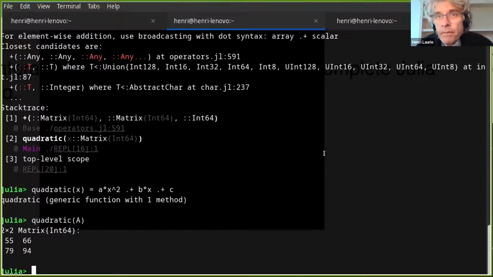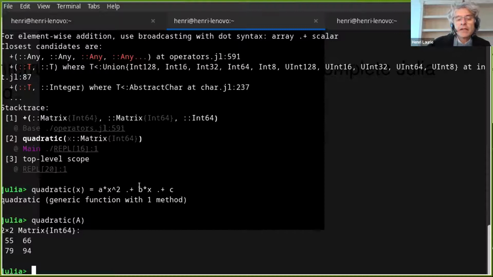So the problem with not using broadcasting is that just using a plus is a little bit ill-defined, because C in particular is just the number 1.